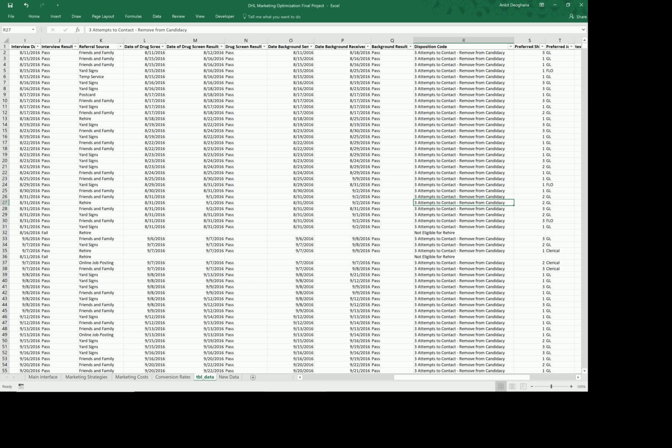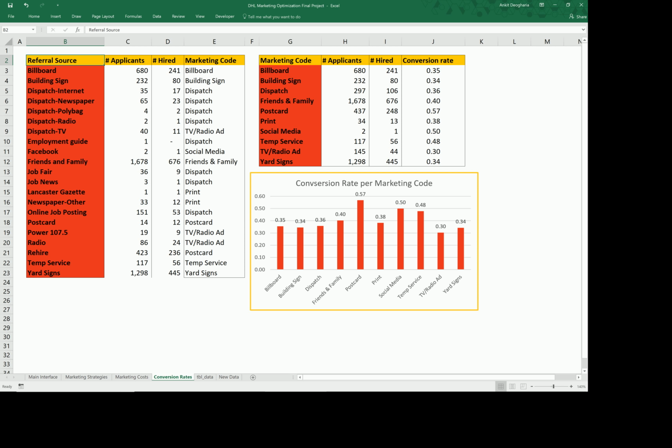The next sheet that I'd like to demonstrate is our summary tables of conversion rates. So in this first table, it has data on every single referral source that there is in the table data sheet. This can be anything from billboards to Columbus Dispatch across all of their media channels.